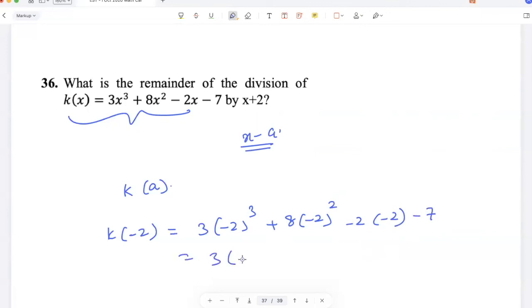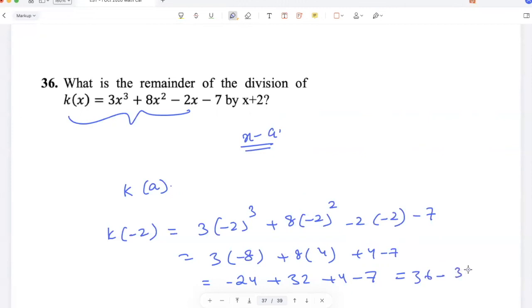So 3 times -8 plus 8 times 4 plus 4 minus 7. So minus 24 plus 32 plus 4 minus 7. So 32 plus 4, 36 minus 31. So the remainder is 5.